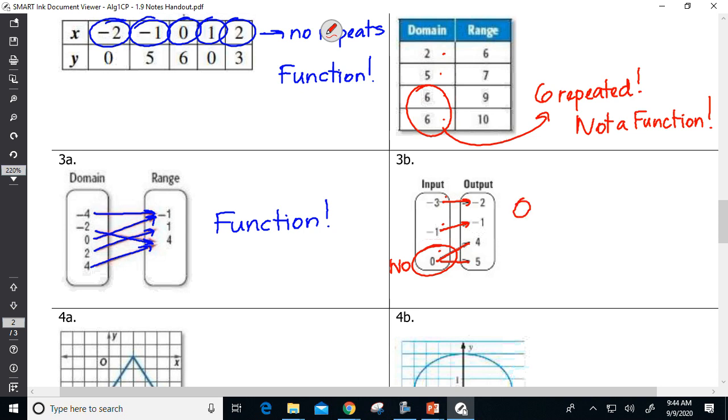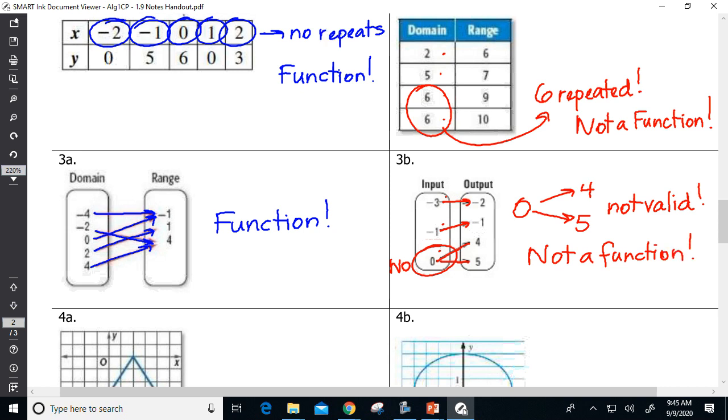So 0 going to 4 and to 5 is not valid. So this is not a function. Again, you can't go to two different places at once.